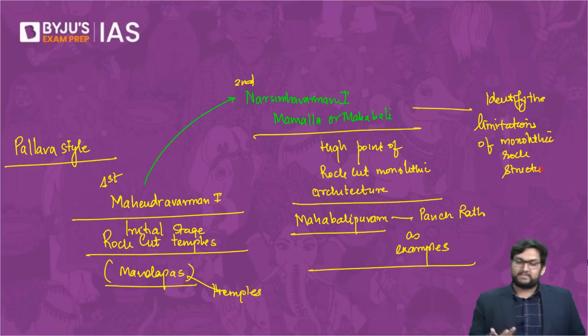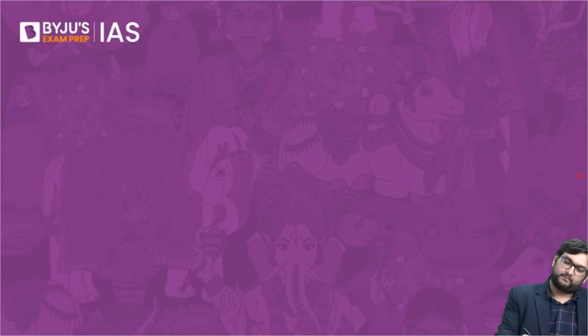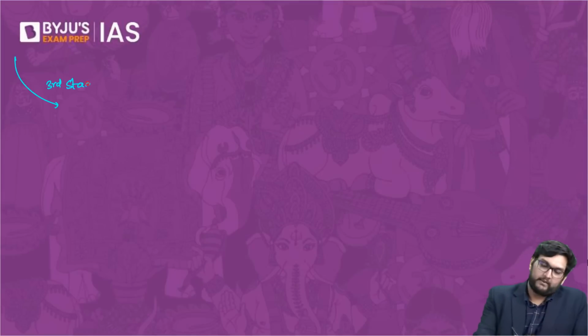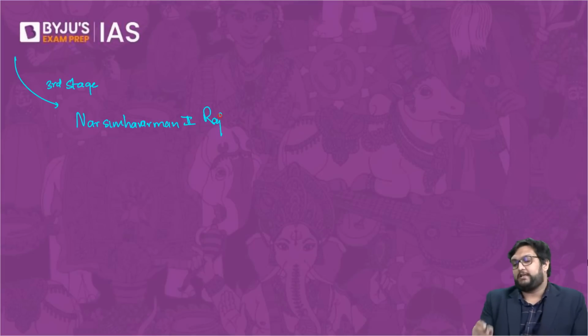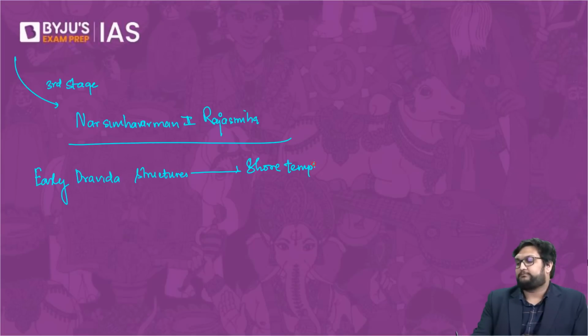That is why in the third stage, Narasimhavarman II, Rajsimha, develops early Dravida structures in the form of the shore temple at Mahabalipuram.